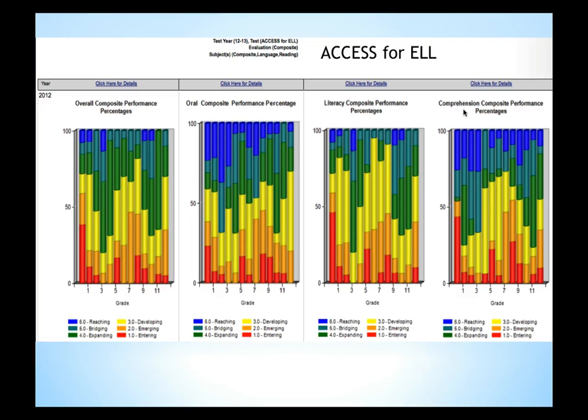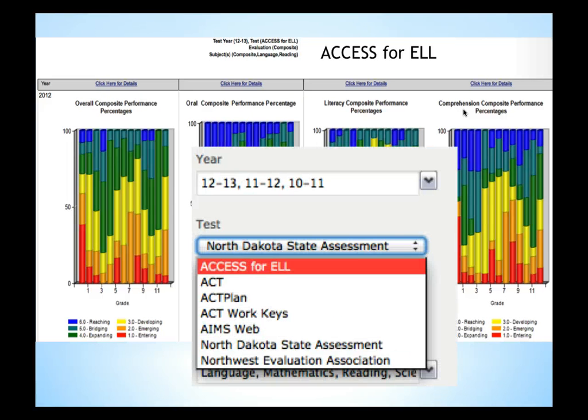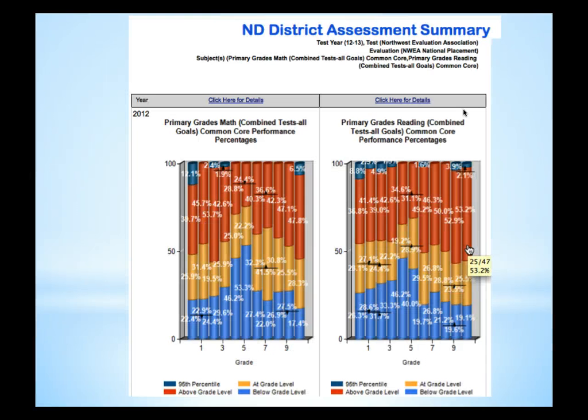And so again, I can export this information and look at this information and have it exported to put in other presentations. And so from the one report page, district summary data, we could look at our access, our ACT, our plan, our Ames Web state assessment, or NWA. Typically, this is the same format the summaries we'll look at for all of these reports.